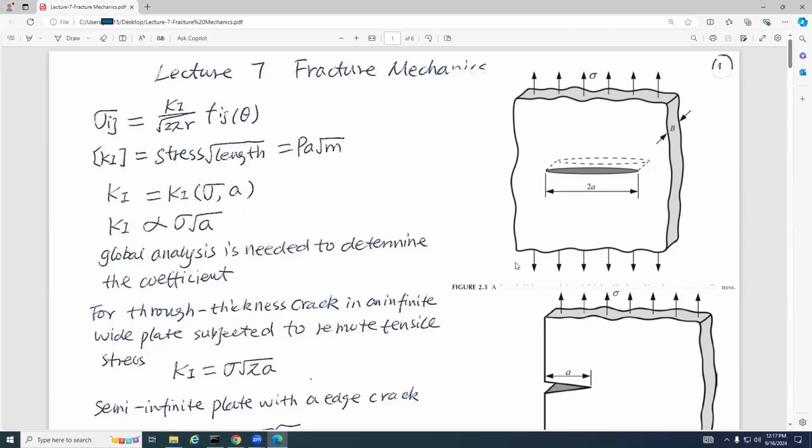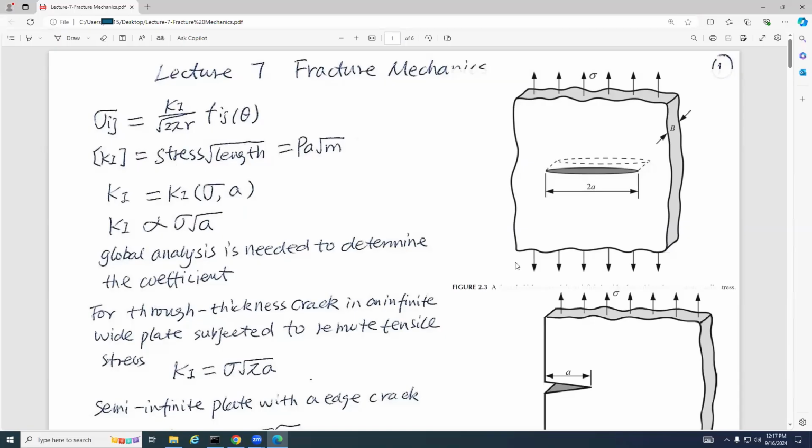For any linear elastic problem, this equation holds. But what exactly the coefficient is, that's another story, right? Qualitatively, this equation is always true as long as linear elasticity is assumed.